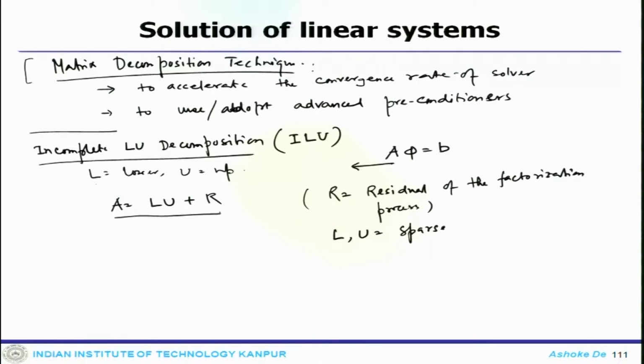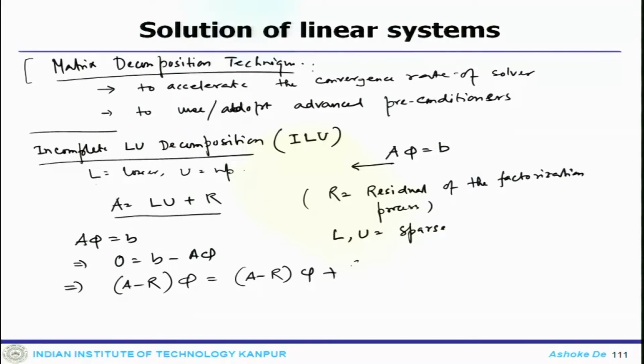The first step towards that would be writing the original equation in such a form that 0 is B minus A phi, which will also lead to A minus R phi equals A minus R phi plus B minus A phi.